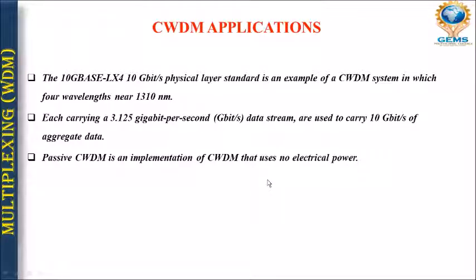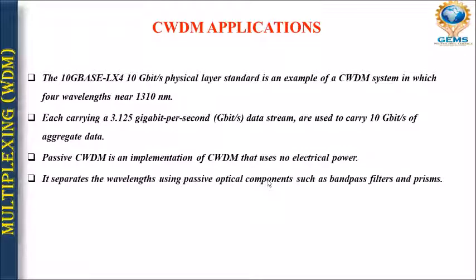While we are talking about passive CWDM, it is the implementation of normal CWDM, and it does not have any sort of electrical power. It also generates the wavelength by using passive optical components, such as band pass filters and different prisms.